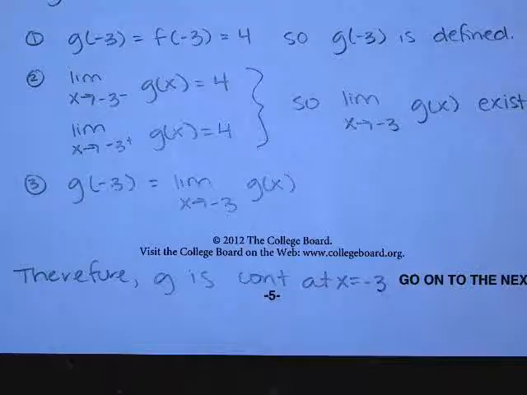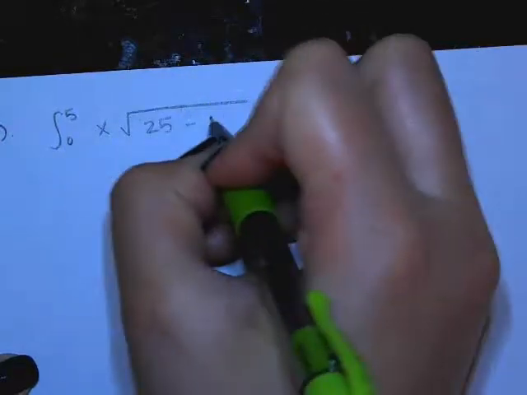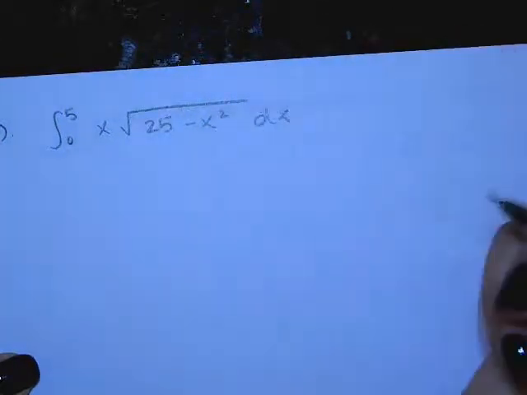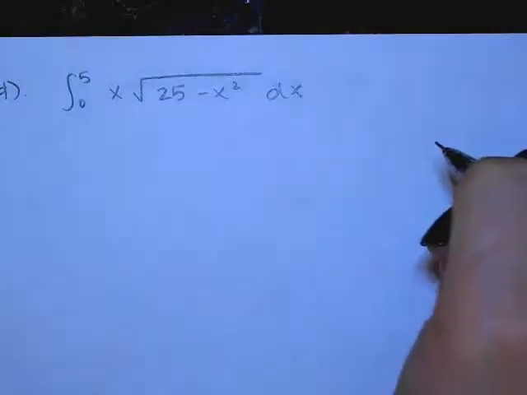All right, and then the last part of the problem is to find the value of the integral from 0 to 5 of x times square root 25 minus x squared. So part D. This is just a u substitution problem, not exactly from Unit 1, but I figured I could go ahead and leave it anyway.